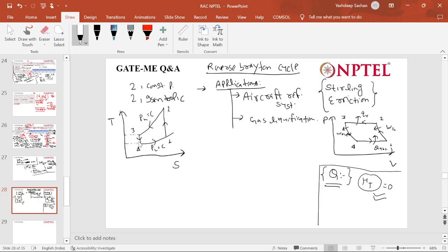If that work we take and give to this, then our COP of the system will increase. Is it clear why you are using a turbine here in place of this throttling valve? Because these are the main theoretical questions that may come.